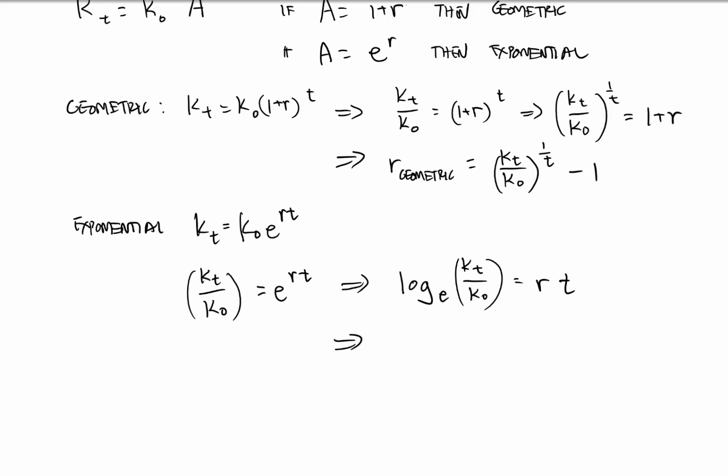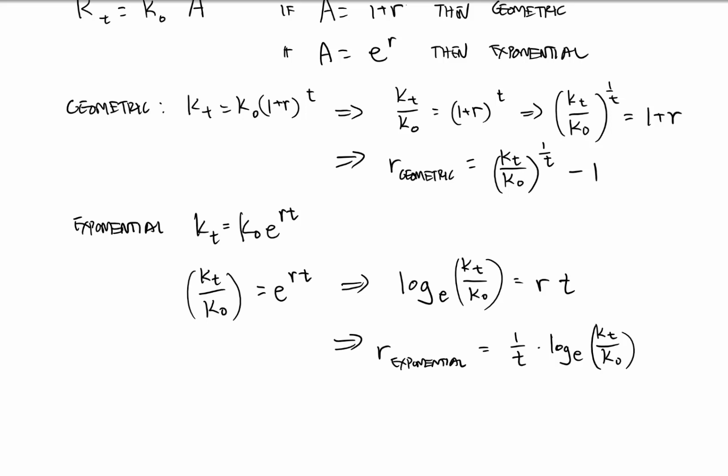And if that's the case, then using the exponential model, the average growth rate r is going to be 1 over t times the logarithm base e of the ratio k_t to k_0.